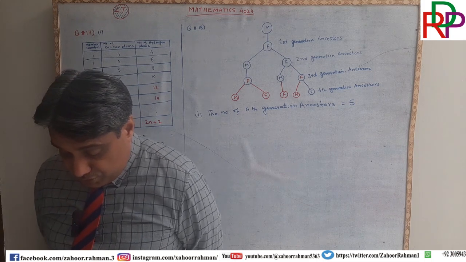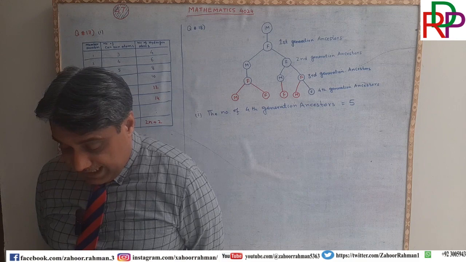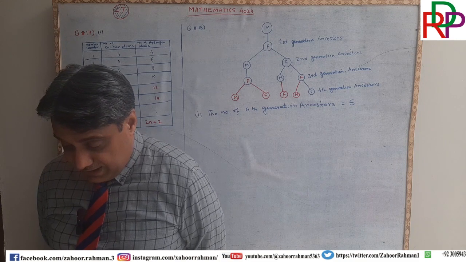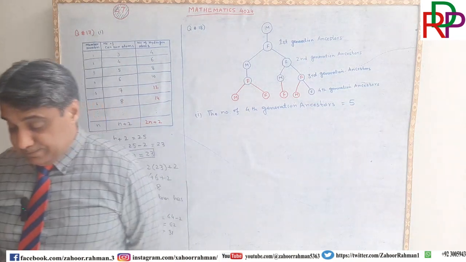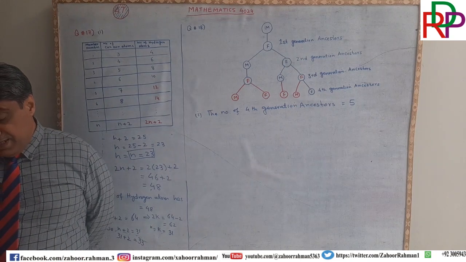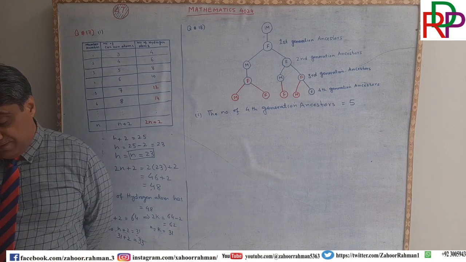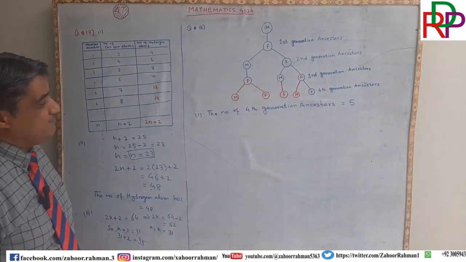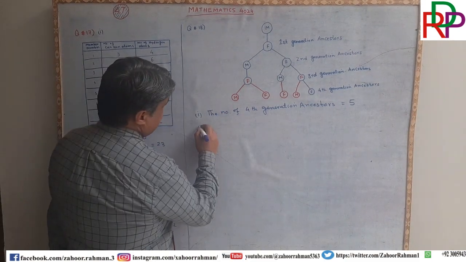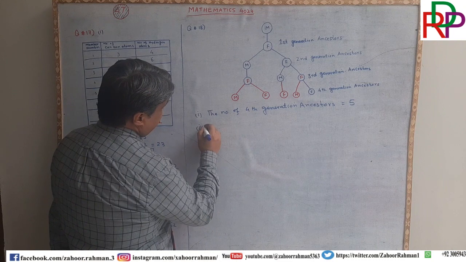How do you obtain the next term in the sequence? The number in the nth generation ancestors form a sequence. This is the second part.